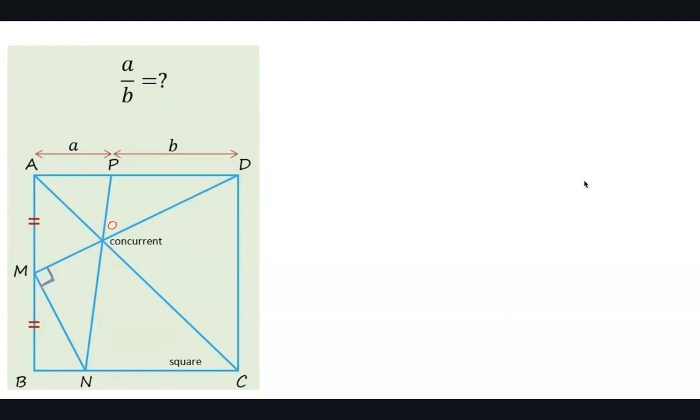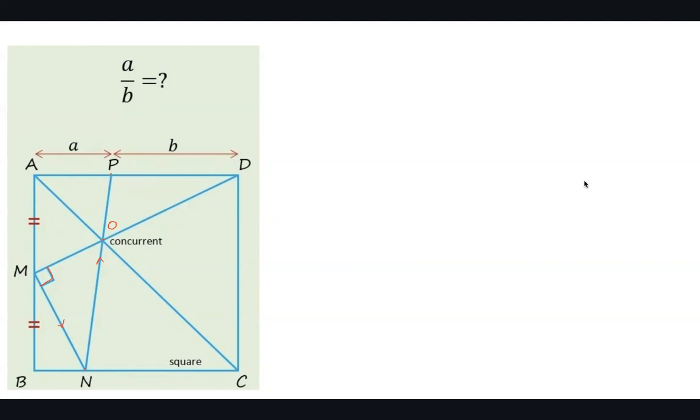And ray MN, wherever it intersects side BC, that intersection point is called N. And from N, a ray is drawn that passes through the intersection point of diagonal AC and DM, meaning ray NO is drawn this way, and wherever that intersects side AD, that is nothing but point P. And what we are asked is to find the ratio of length AP to PD.